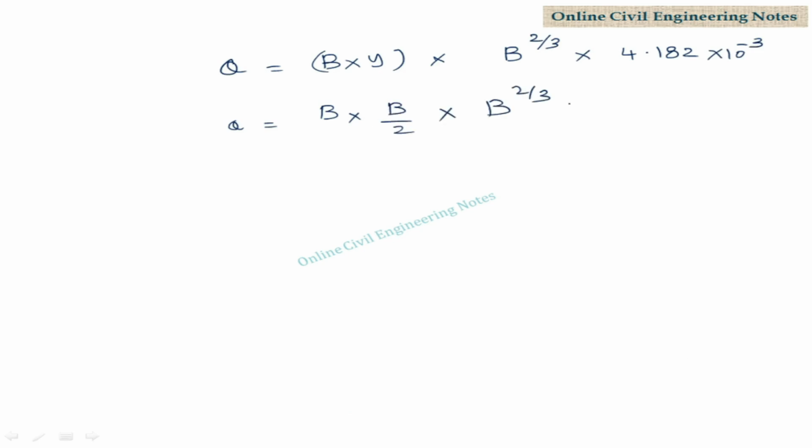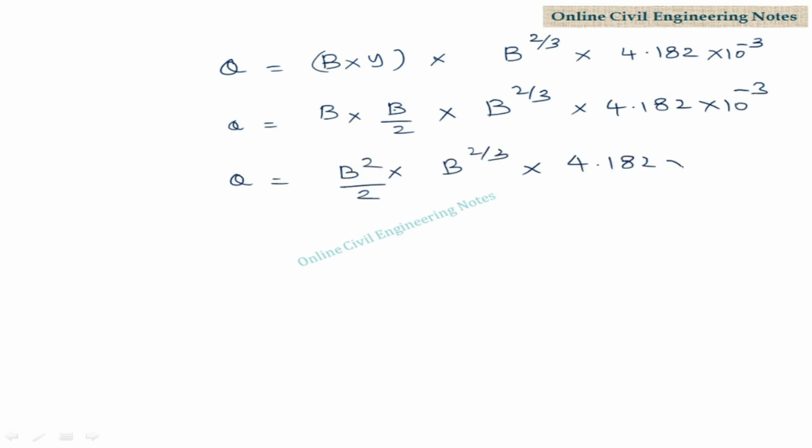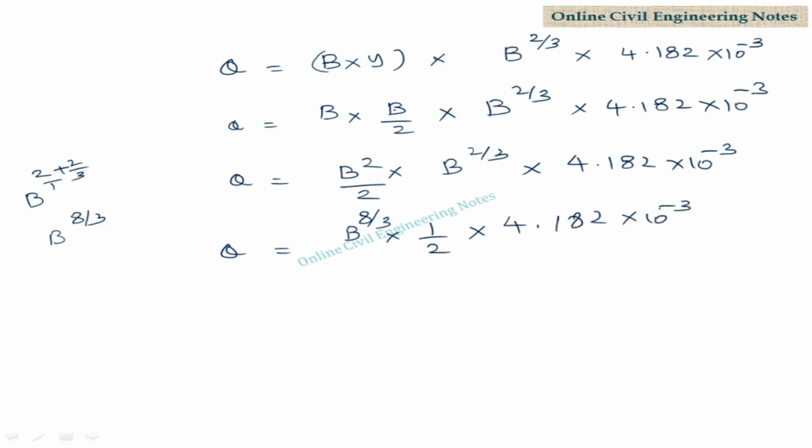B into B is B square, so Q is equal to B power 2 into B power 2 by 3, that is B power 2 plus 2 by 3, 8 by 3. B power 8 by 3 into 1 by 2 into 4.182 into 10 power minus 3. We know the Q value, 2.345 meter cube per second, is equal to B power 8 by 3 into 4.182 into 10 power minus 3 by 2.